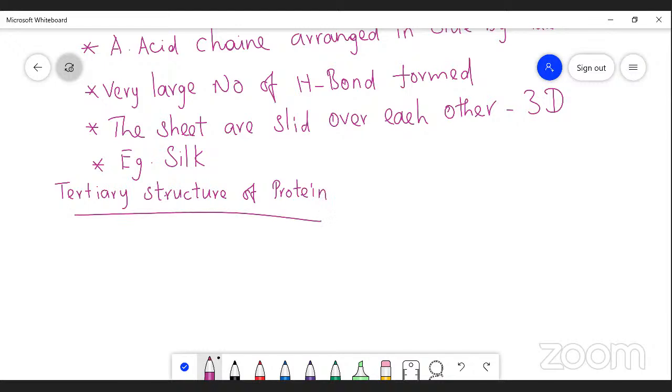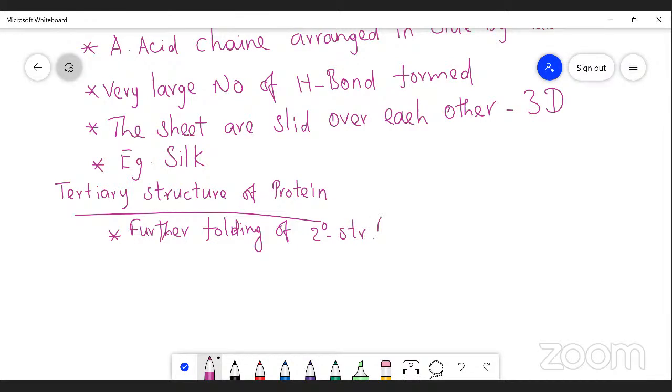The tertiary structure represents a further folding of the secondary structure. What will happen here?